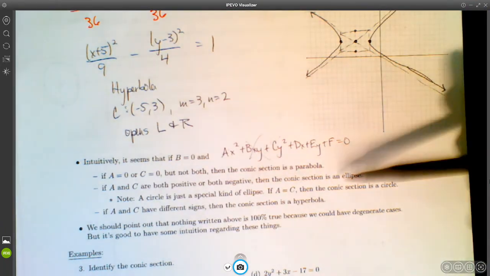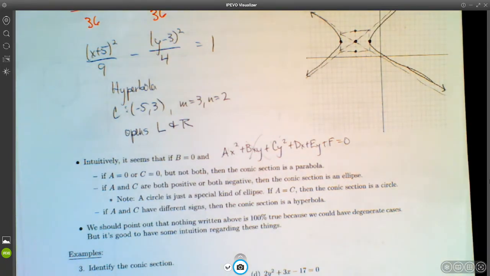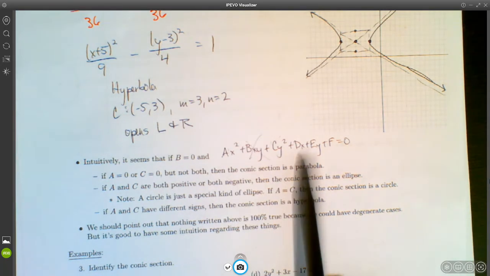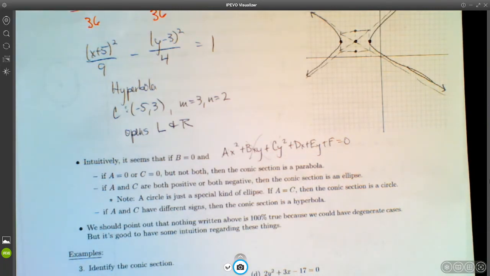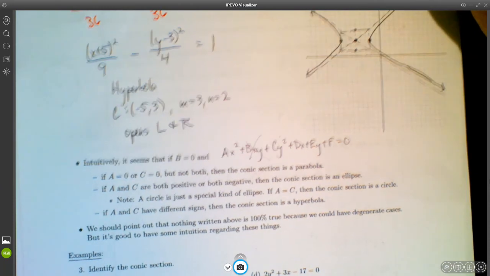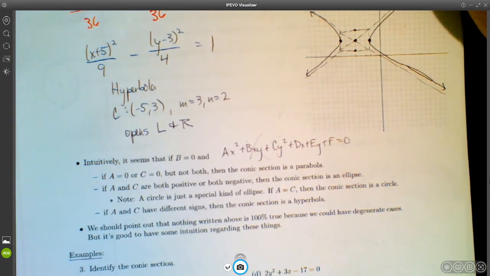Okay. Now, all of this is kind of loosely speaking, because the fact is that you could have degenerate cases, as we discussed on the previous page, right? So you could have values for A, C, D, E, and F that together really don't make any sense at all, and they give you some kind of point or line or just some equation that can't possibly be true.